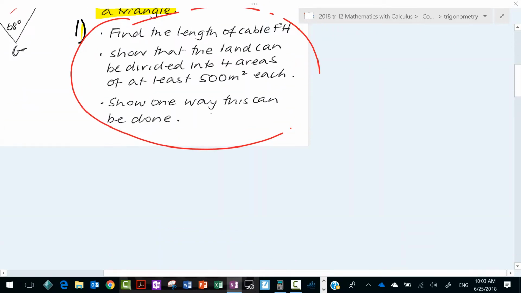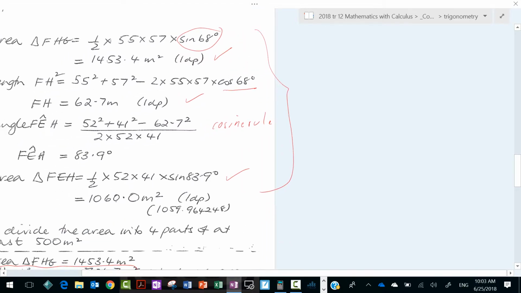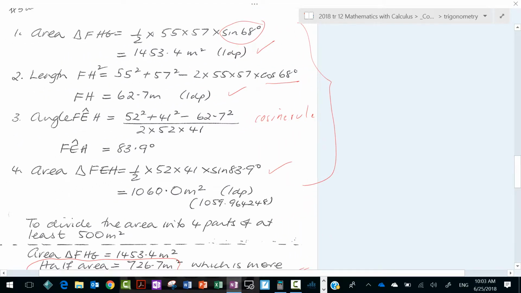We're doing FEH. FEH was 1060, so we're taking half of that, which is 530, right?